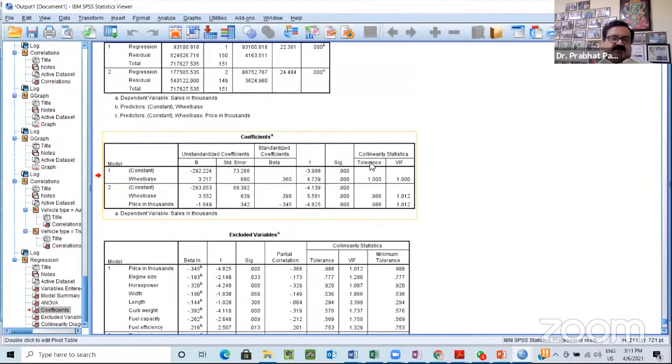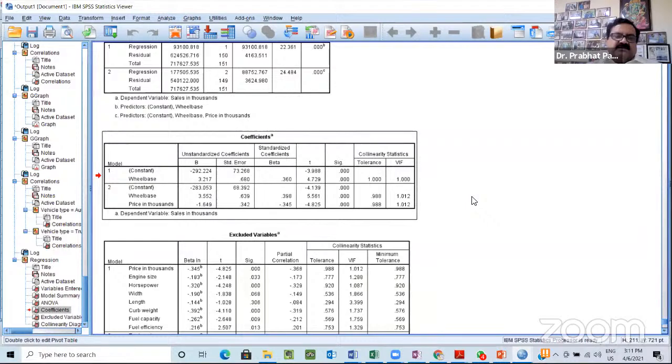For example, if you look at the collinearity statistics, there are 2 parameters that you have to look at. One is called the tolerance, the other is called the VIF. VIF is the variance inflation factor. So in any case, if your variance inflation factor is more than 2, it indicates the presence of multicollinearity. And if your tolerance is very low, it will reflect the problem of multicollinearity. The tolerance at maximum will go up to 1.